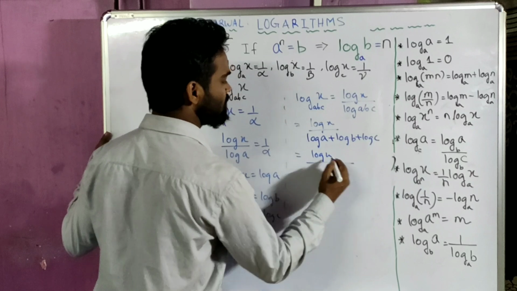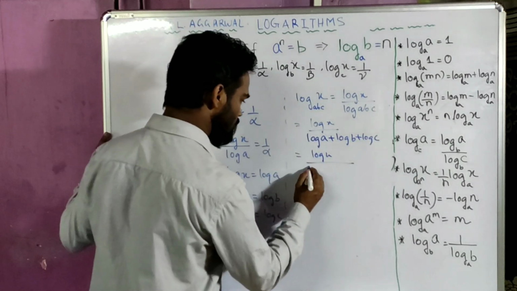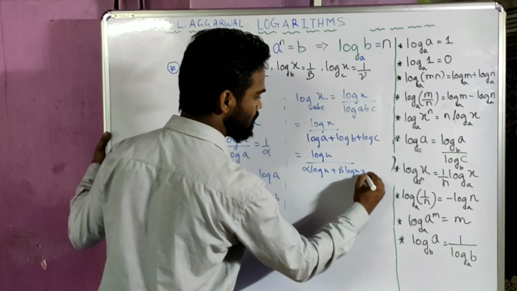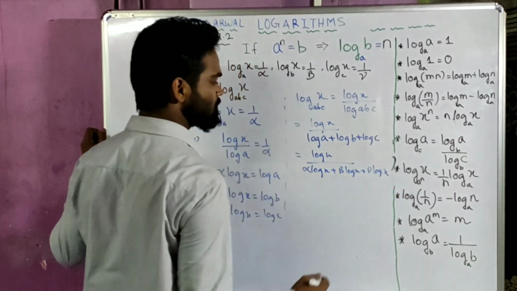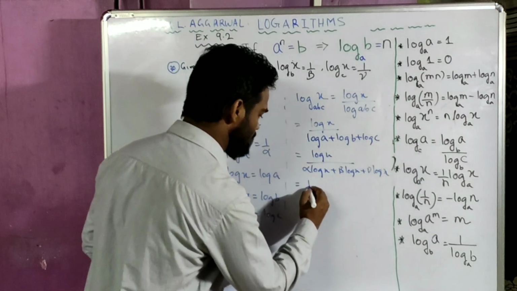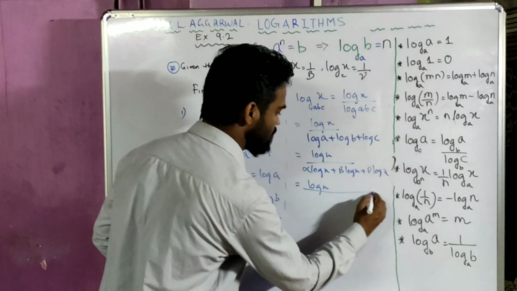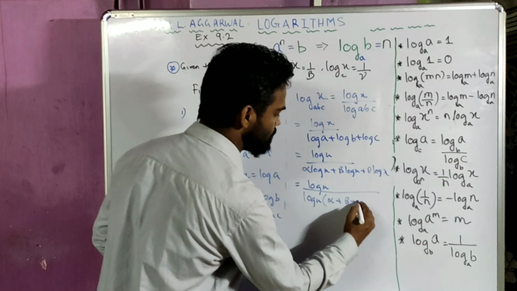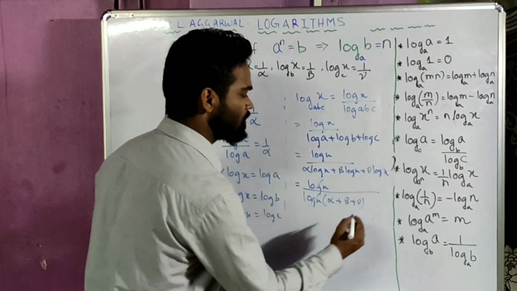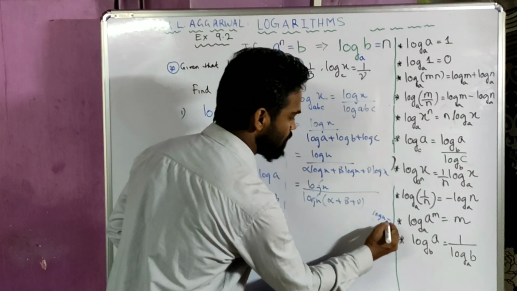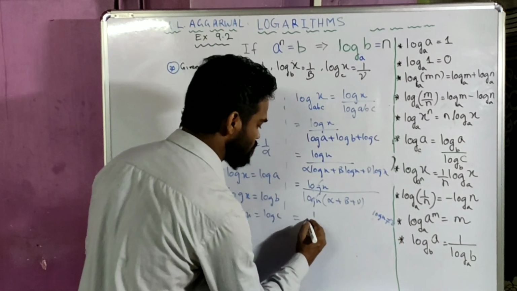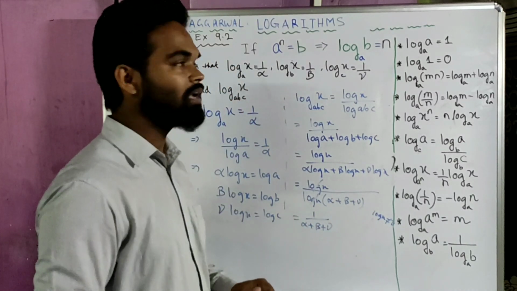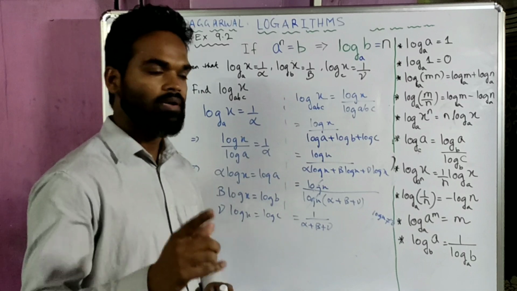So this is log x by alpha log x plus beta log x plus gamma log x. Now from the denominator, if you take log x common, this becomes alpha plus beta plus gamma. Now this cancels out. Definitely log x is not equal to 0, which means this becomes 1 by alpha plus beta plus gamma, and that's my answer. Okay, you can pause the video and see the sum.